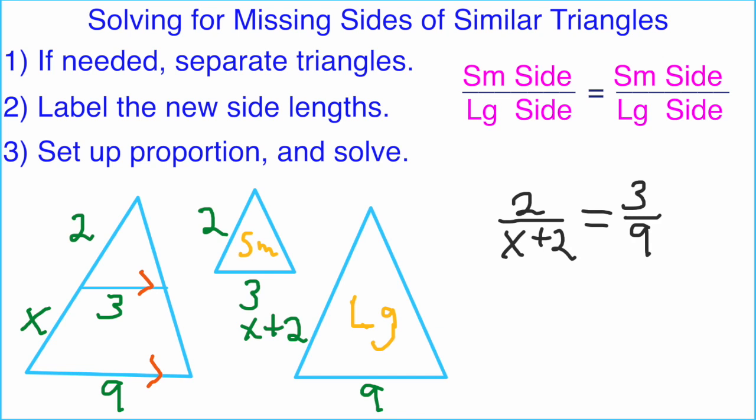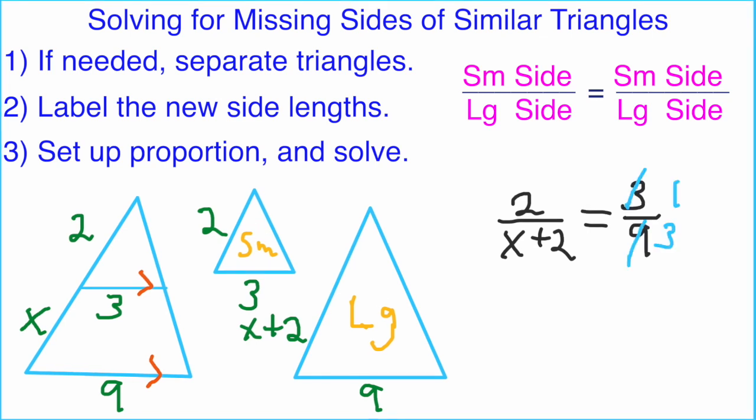So from here, we just got to solve our proportion, which if you're not sure about what I'm doing with this, watch my video on solving proportions. So we got to get the bottoms the same, but before I do that, just to make this problem a lot easier, I'm going to take a look at 3 over 9 and simplify that to 1/3.